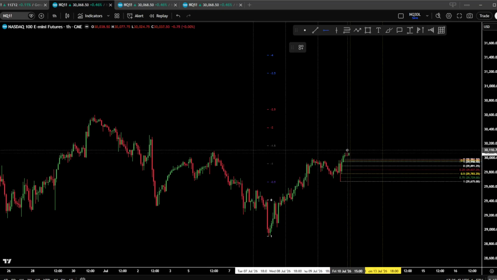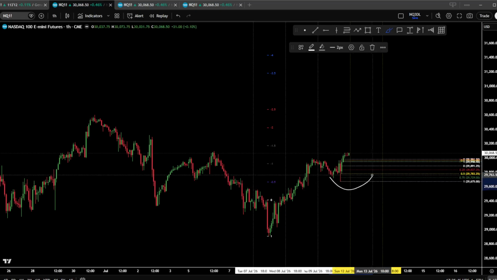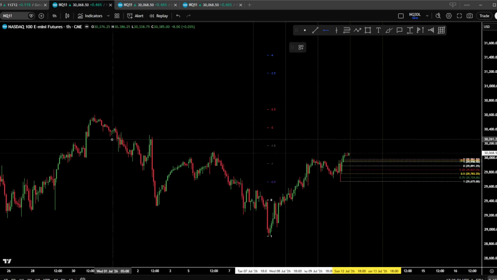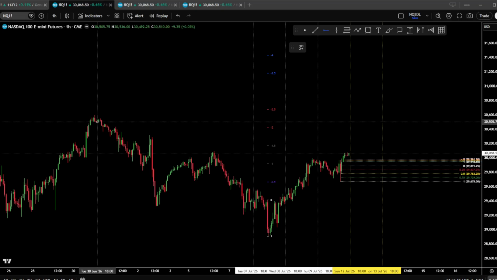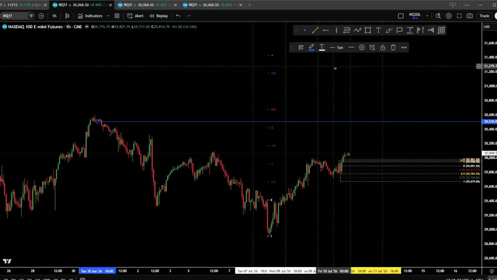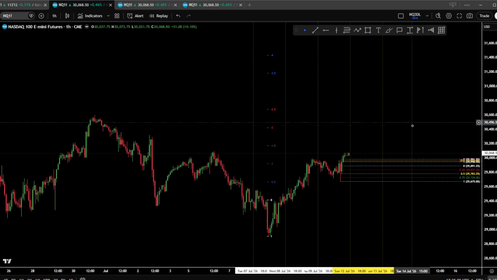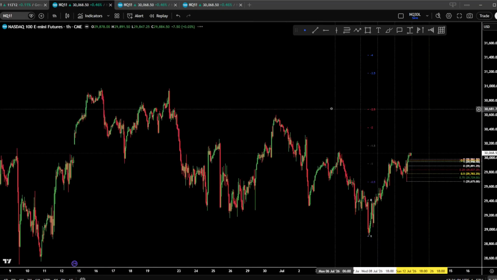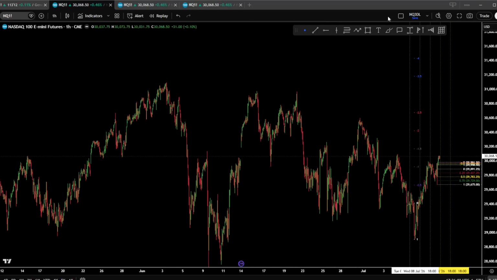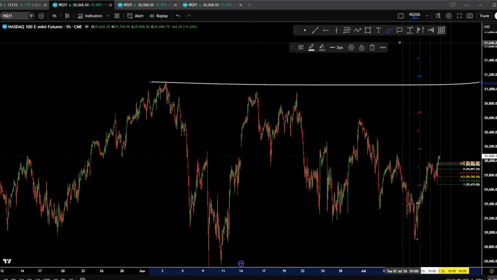Since it comes from an intermediate term low, it could be an expansion profile, aligning right with the opening price of the month here. And past that, if the market were to continue trading higher, then we'd be looking at all-time highs.